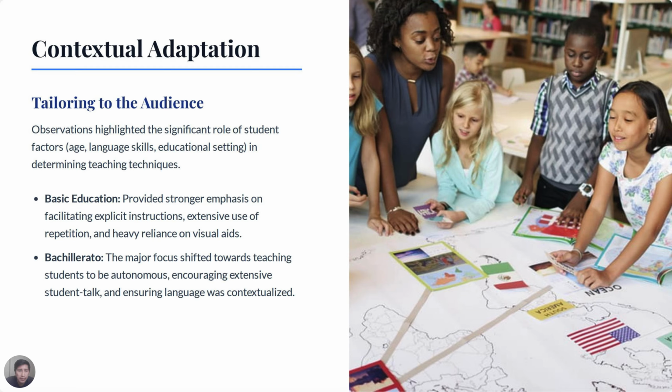Children need to see and repeat. Conversely, in high school, the primary and most effective approach was fostering autonomy, motivating the students to speak for themselves, and ensuring that the language was highly contextualized to their interests and realities, such as their academic and professional future.